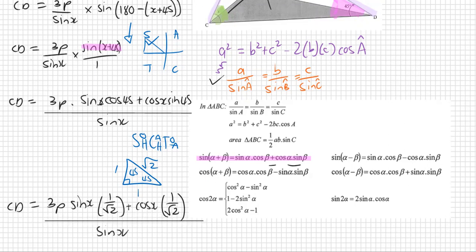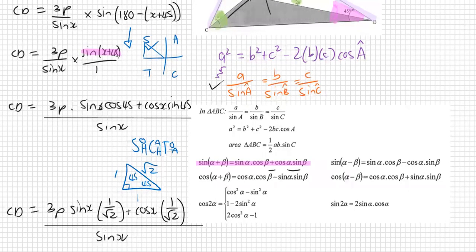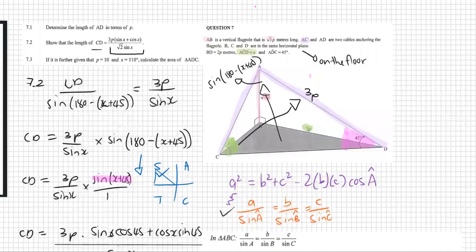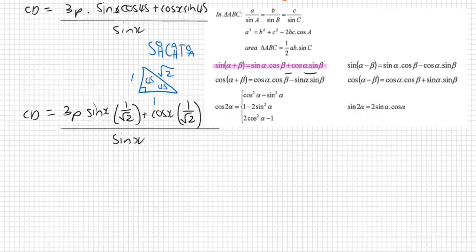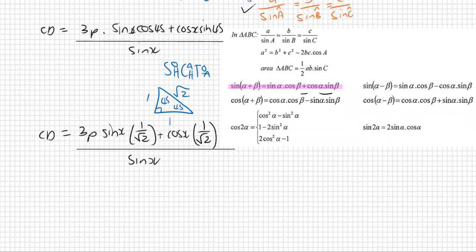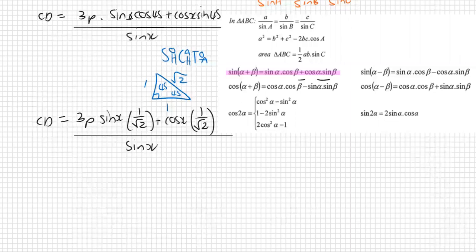Okay, I'm going to go back and look at what we were aiming for. We are very, very close indeed. Got a square root 2 in the denominator. Oh, the sine x was only over the 3p. Oopsie.